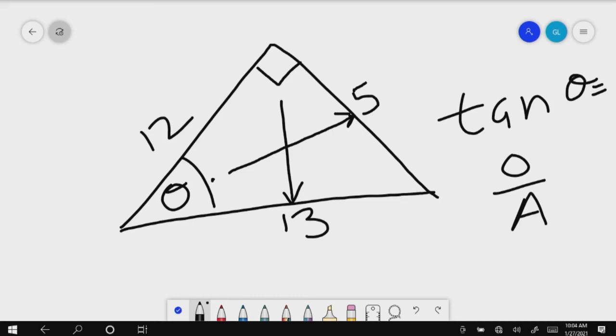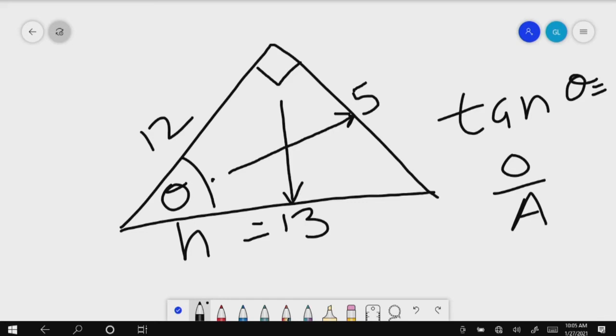Now, we look at this right angle triangle, and we would have seen that the 13 there is the hypotenuse side. Additionally, we could see the 13 is greater than 12 and 5, hence it is the longest side. So we identify the hypotenuse side because we need to know these things. If we don't know them, we're going to be making mistakes in these questions, and we don't want to get any of them wrong.